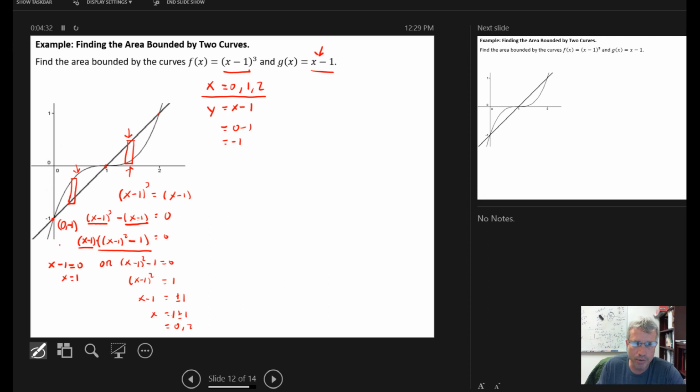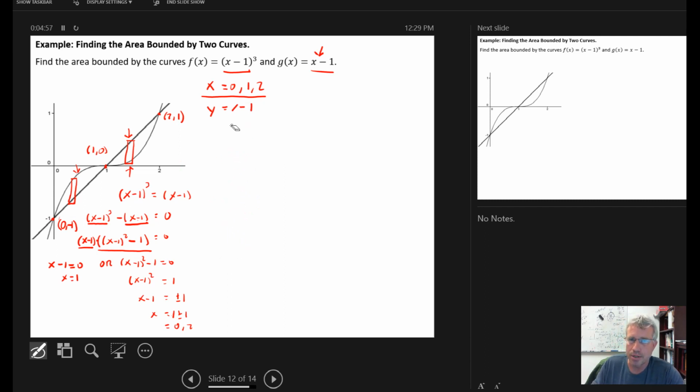And then plug in the 1, we get 1 minus 1 is 0. So when x is 1, y is 0 right here. And then plug in the 2, so we get y equals 2 minus 1 equals 1. So input 2, output 1. So finding those intersections wasn't particularly difficult in this case.